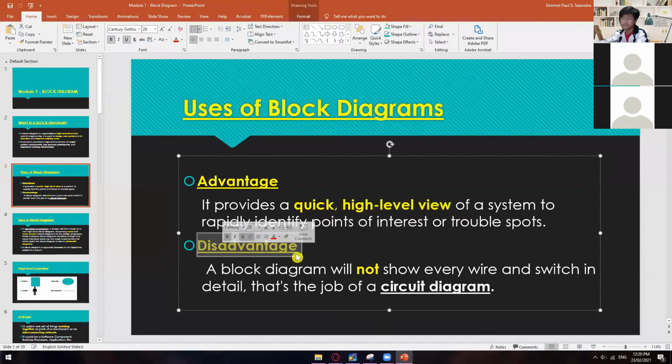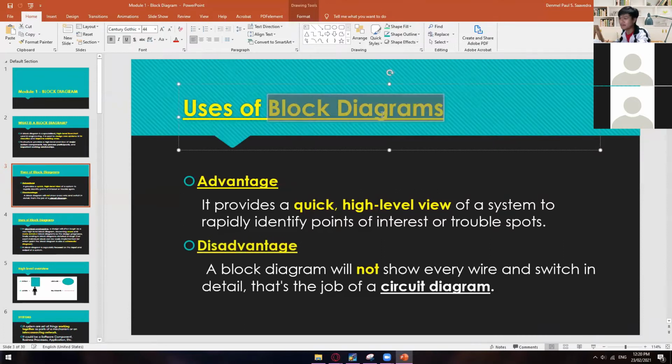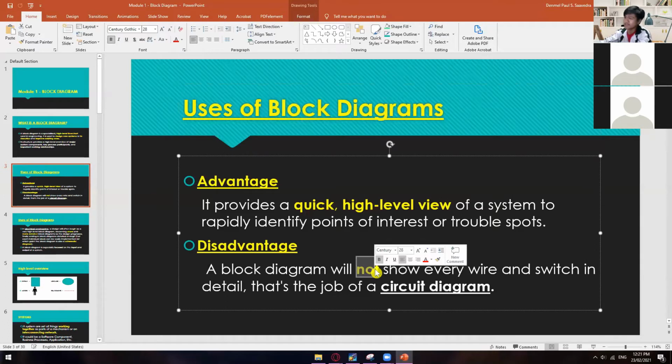One disadvantage is that, as I said a while ago, it will not show every wire and switch or more detailed components on the diagram. If we have wiring, switching, and more detailed components, we call that a circuit diagram already. So it could be a circuit diagram or a schematic diagram. That's it for the advantages and disadvantages.